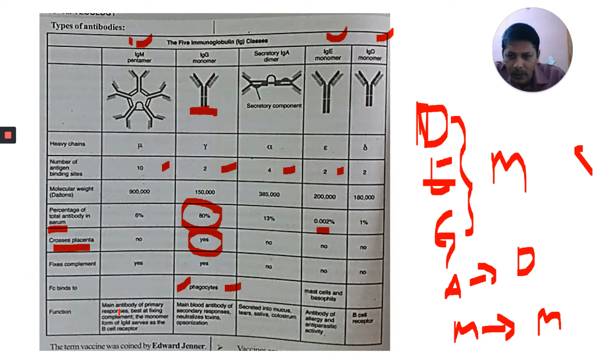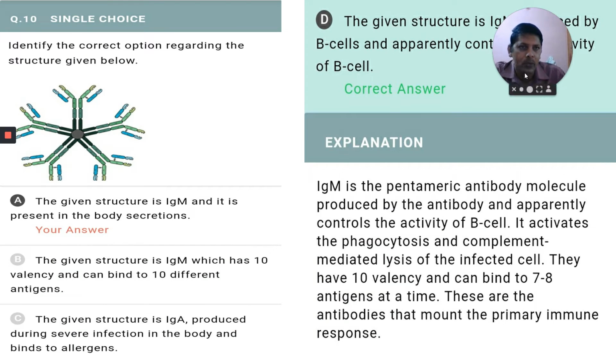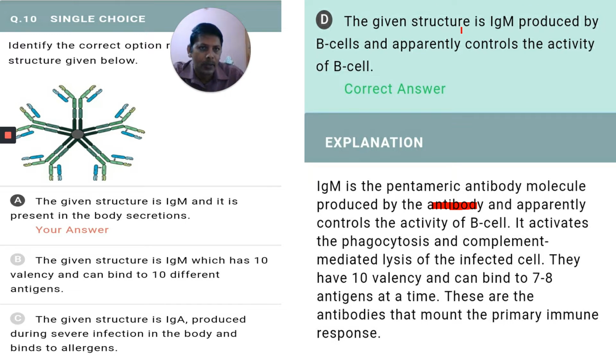Next one, the main antibody of the primary response. You can observe here: IgM is the pentameric antibody molecule. Sorry, that is not the correct one. It is produced by B cells, not by antibody, and apparently controls the activity of the B cell.